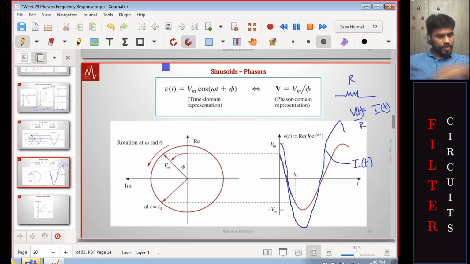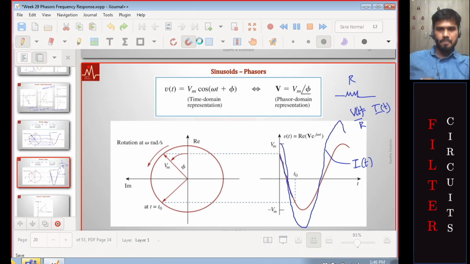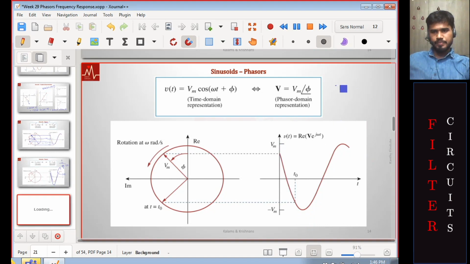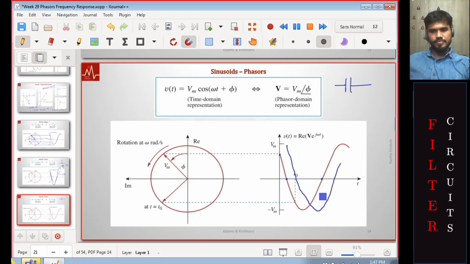But the moment you have an element like a capacitor, if your voltage is like this, current won't have exactly the same phase as the voltage. Current will have a slightly different phase. This is also the case for an inductor.